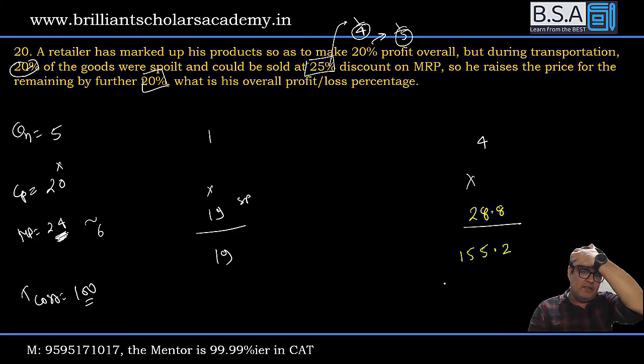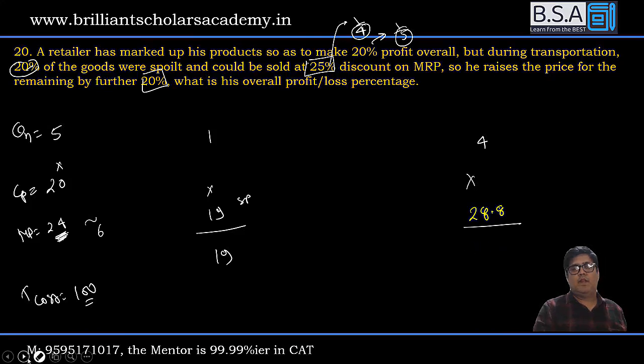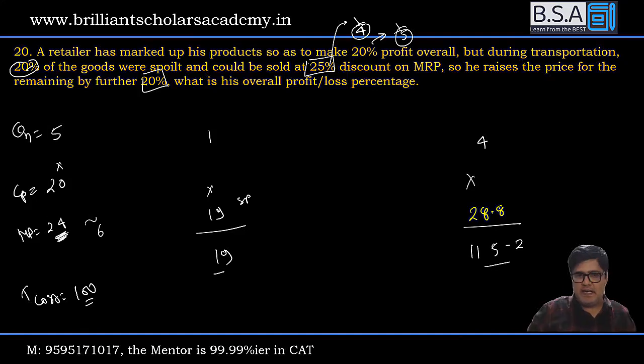Am I making a calculation mistake somewhere? Maybe I am. 8 plus 3, we will add. 2 carried over 3, 5 carried over 3. So how much money are you collecting? Taking the difference, you will get the profit percent.